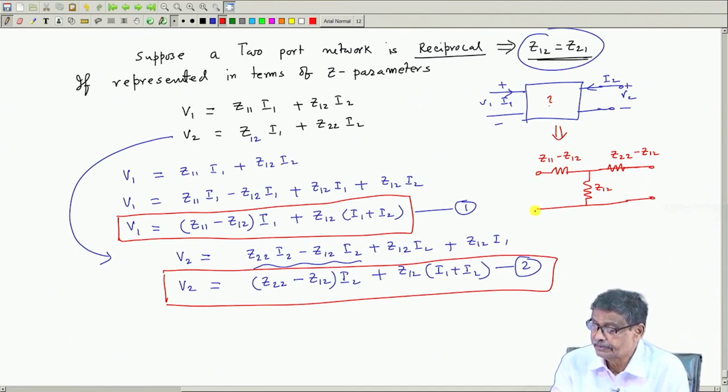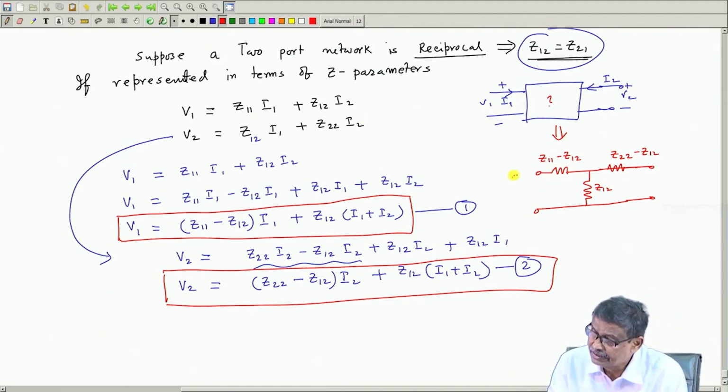These are very interesting results. Earlier it was unknown how these impedances were there, it was a black box. I found out this and also concluded it is a reciprocal network. During the course of experiment, Z12 came out to be same as Z21, so I concluded it is a reciprocal network. If it is, then I am telling manipulate these two equations in this way.